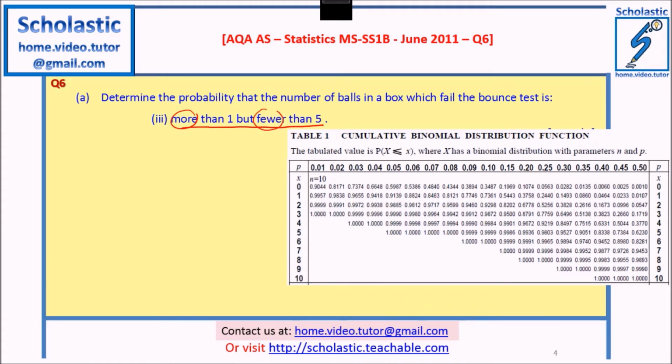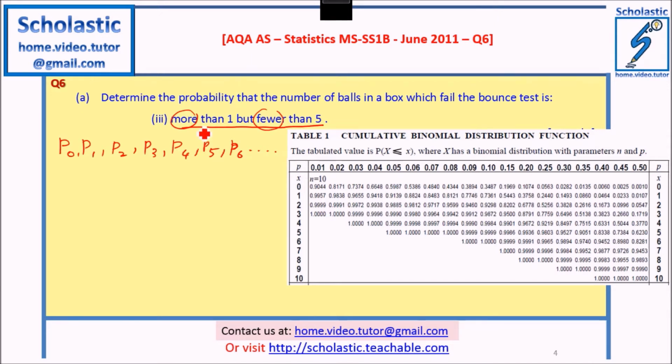Again, I prefer you write the probabilities. That means P0, P1, P2, P3, P4, P5, P6, like that. There can be different numbers of failures.